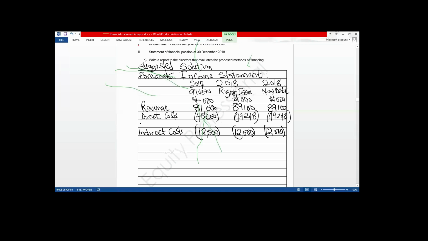Our depreciation in 2017, 5,700. In 2018, 7,500.